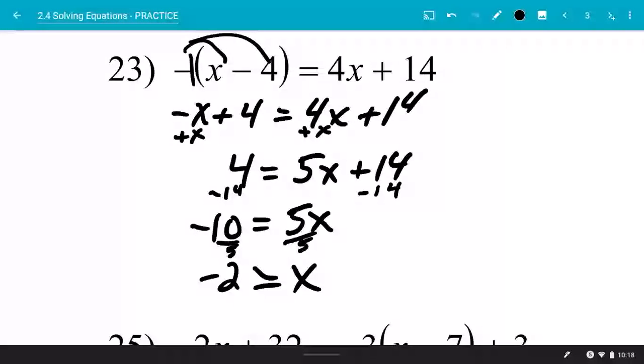I want you to be able to see those steps without me having to necessarily write them down. All right. We're going to spend some time on this, but regardless, solving means isolate the variable by using the inverse or opposite operations, and then we check our work by plugging the solution back in. Okay?